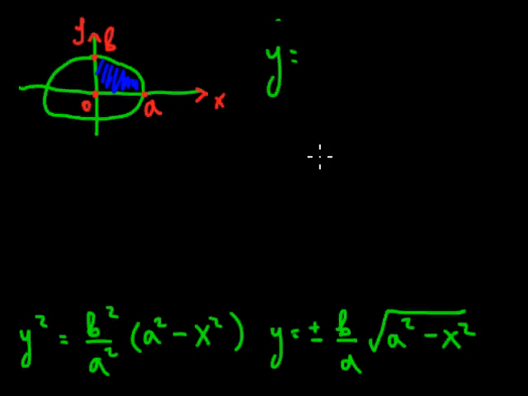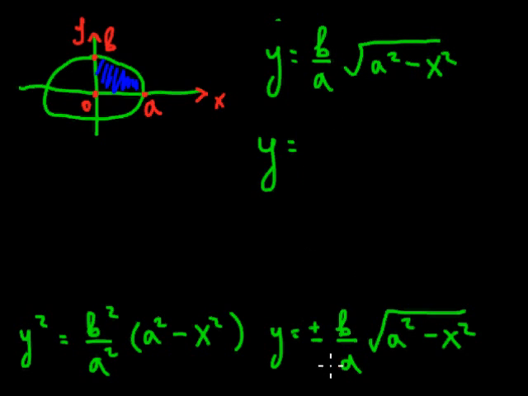Positive branch, which is b over a square root a squared minus x squared, and it has negative branch minus b over a square root a squared minus x squared. So positive branch is this function. This positive branch gives us this function, and this negative branch is this function.